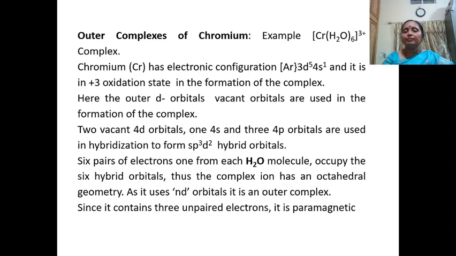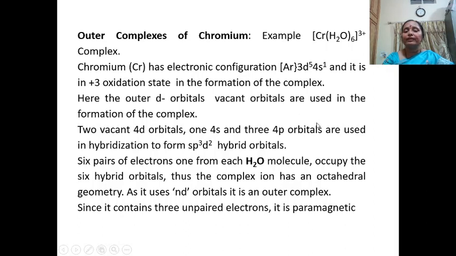In hexaammine chromium 3+ ion, what we observed was that the 2 3d orbitals were used, but in this case it is going to utilize 2 of the vacant 4d orbitals, 1 4s orbital and 3 4p orbitals to form sp3d2 hybrid orbitals, and it is going to have an octahedral geometry here.